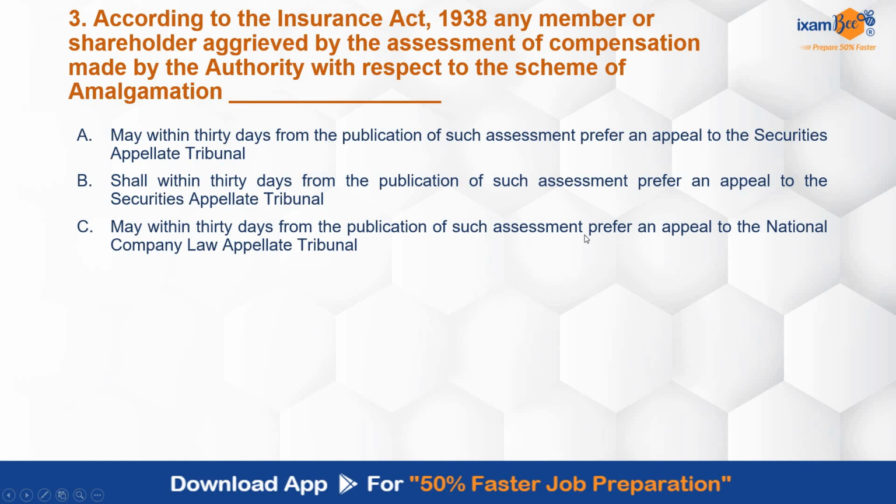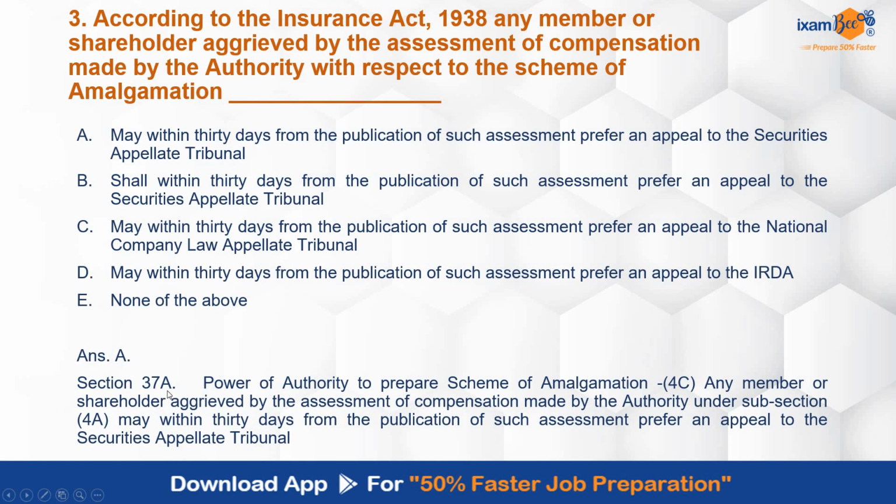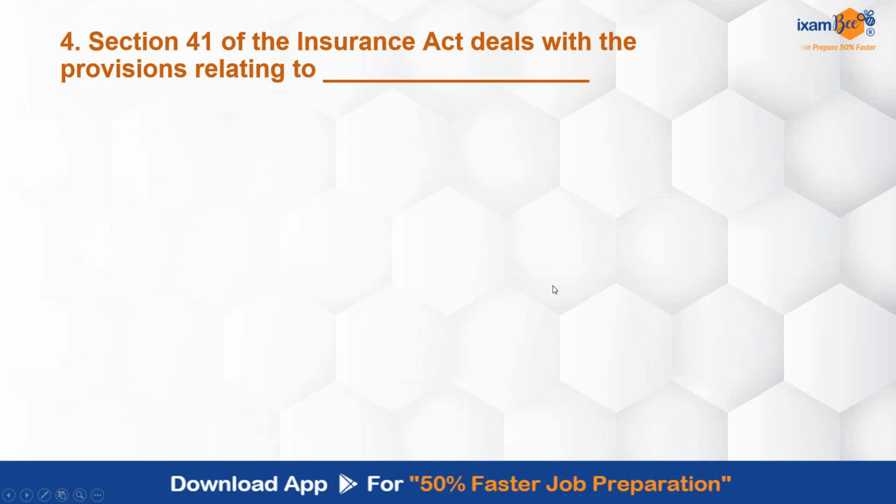May within 30 days, अब यहाँ पे उन्होंने अथॉरिटी चेंज की है, appeal to NCLT. May within 30 days of publication prefer appeal to IRDA. None of the above. Correct answer over here is A itself. Section 37A talks about power of authority to prepare scheme of amalgamation. Any member or shareholder aggrieved by the assessment of compensation made by authority may within 30 days from publication of such assessment prefer an appeal to the SAT.